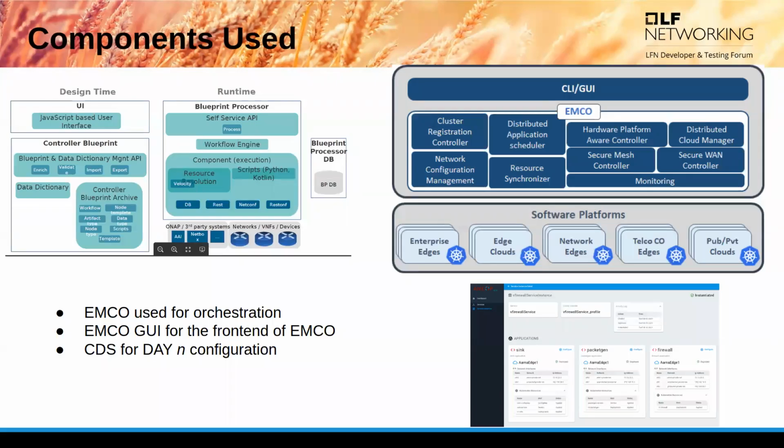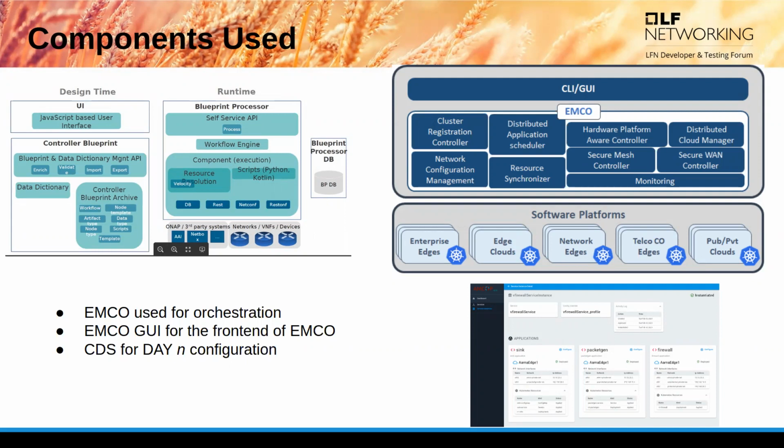So the components that we used, we used EMCO, which is primarily used for the orchestration of all these packages into Kubernetes cluster. And along with that, we use the GUI, which will allow us to create the services and the service instance and networks and all for this Magma package that we have.